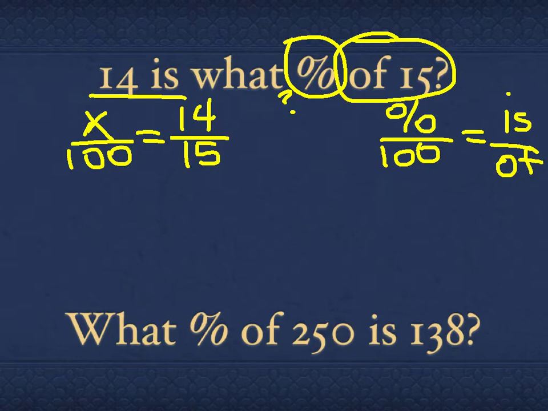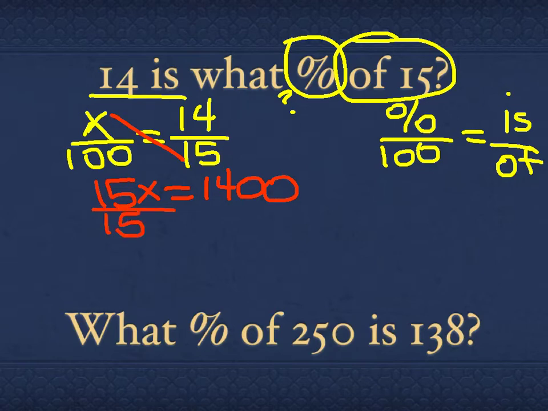Now, again, we use our cross products. 15 times x is 15x. And 14 times 100, well, I'm going to take the 14 times the 1 and then just bring those zeros down. Nice little trick. So we now have 1400 equals 15 times x.